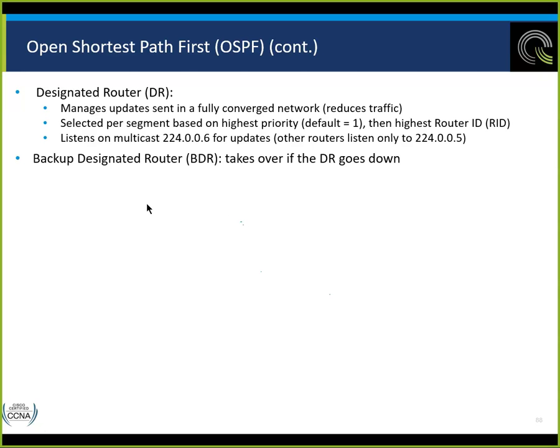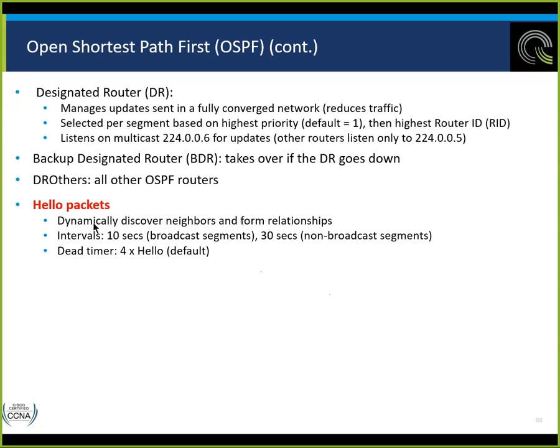The BDR takes over if the DR, the designated router, goes down, and all the others are DR others, which we saw in the show IP OSPF neighbor. OSPF dynamically discovers neighbors to form relationships. You saw those happen. The hello interval is 10 seconds for the broadcast segments, and we saw in the link state announcement in Wireshark that the interval was 10 seconds.